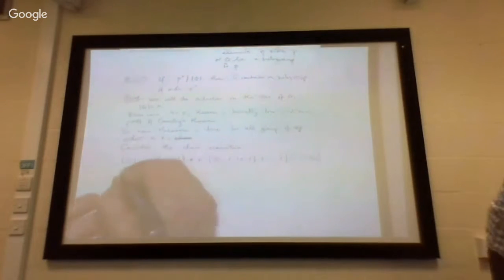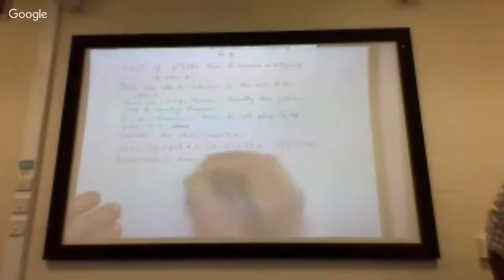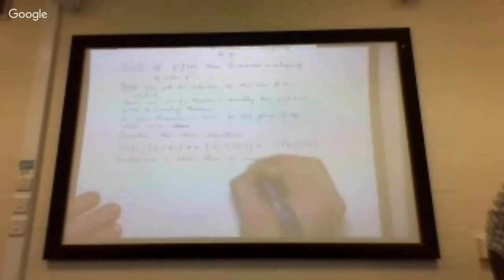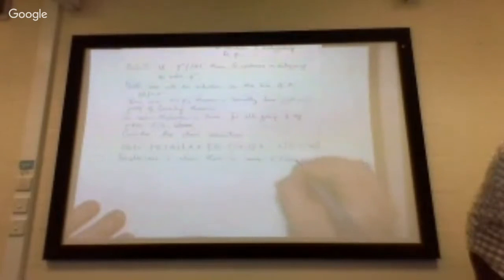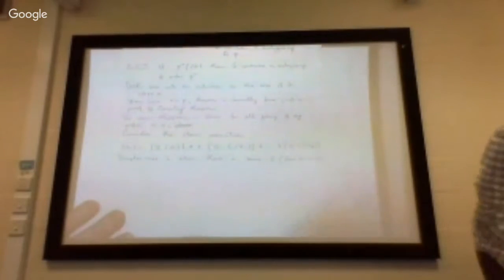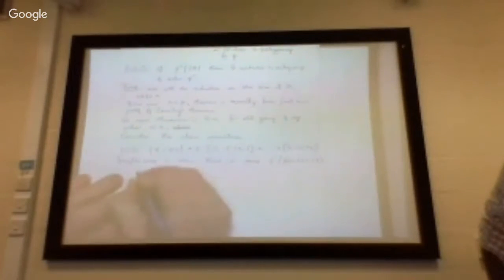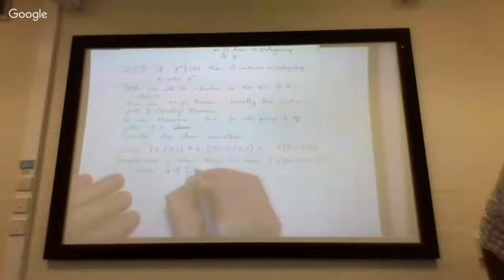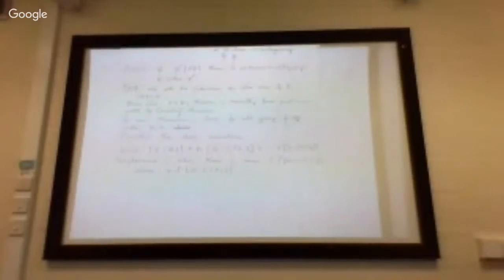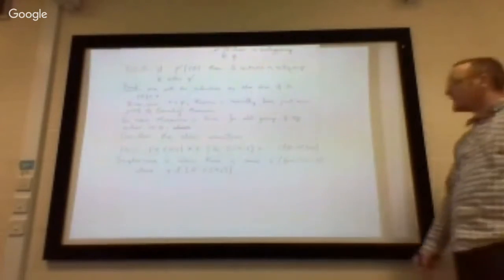The simpler case to deal with is when there is some i from 1 to k, from this set of i's between 1 and k, where p does not divide the index of the centralizer C(xi) in G. So if one of these terms in the class equation is not divisible by p.